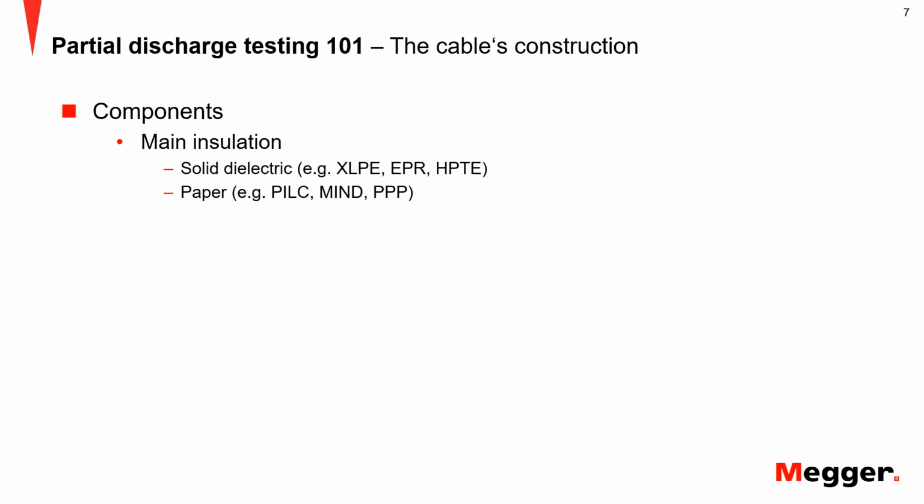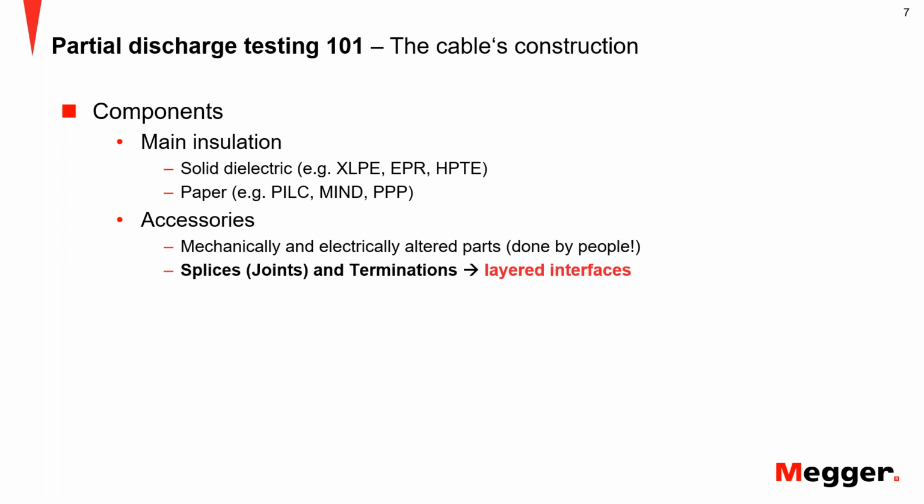There is some EPR, and in the high voltage world, there are also these so-called high performance thermoplastic elastomers, or HPTE. And for the paper cables, you have typical PILC construction, paper lead covered, MIND, mass impregnated non-draining, or in the high voltage world, these polypropylene papers. This is one thing to consider.